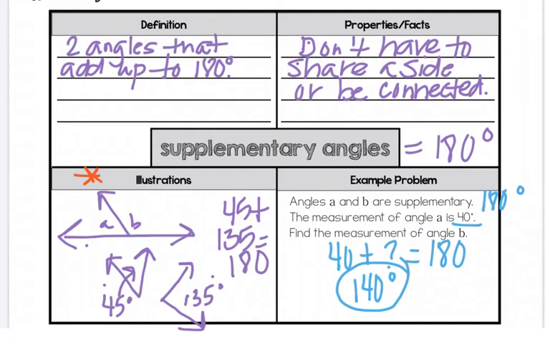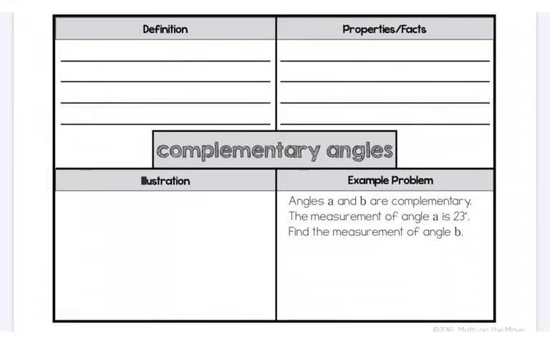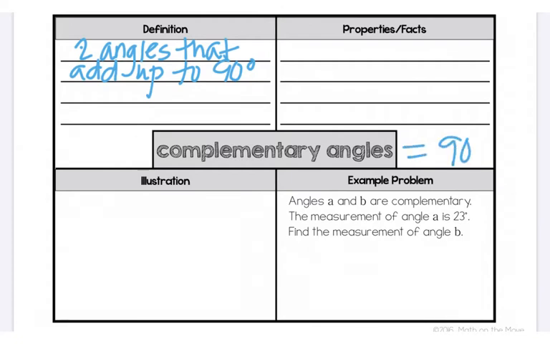So now let's go to our next angle type. It's called complementary angles. So complementary angles are 2 angles that add up to 90 degrees. Okay, so just like supplementary added up to 180, complementary is basically going to be the same, except when you see complementary, you should think, okay, they're going to add up to 90 degrees.